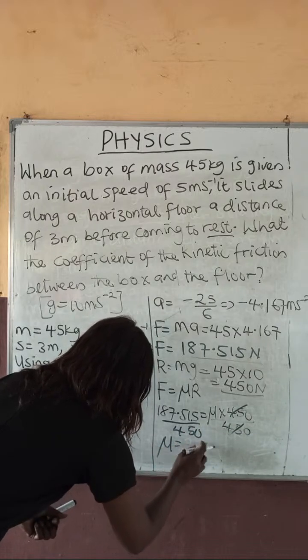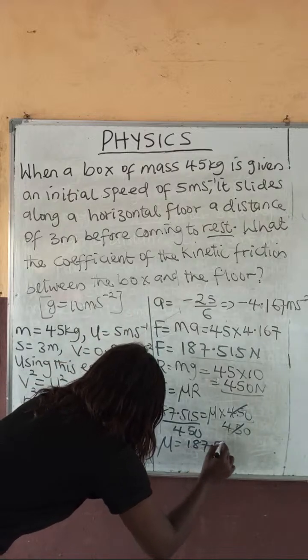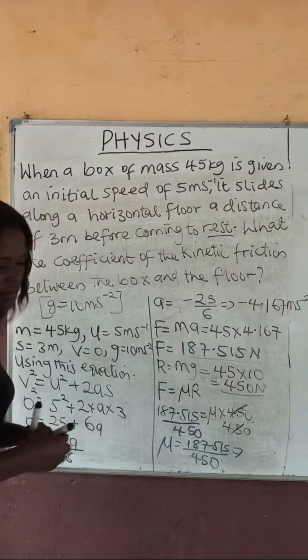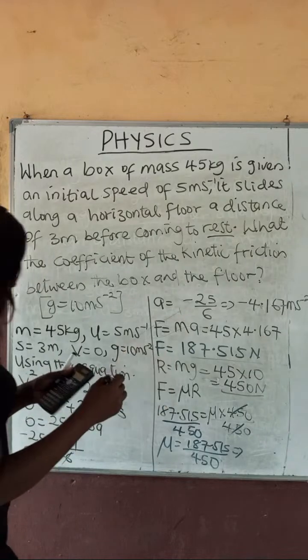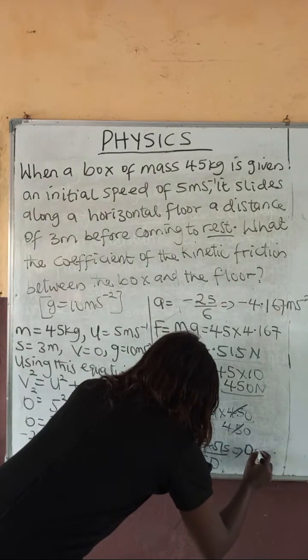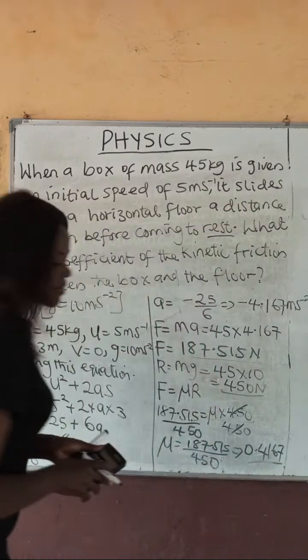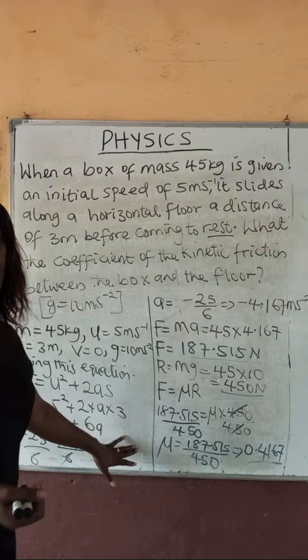So my mu is equal to 187.515 divided by 450. So let's divide. The answer becomes 0.4167. So my answer is 0.4167. I hope you get it now.